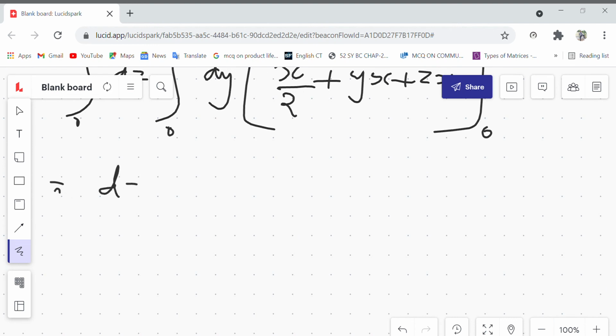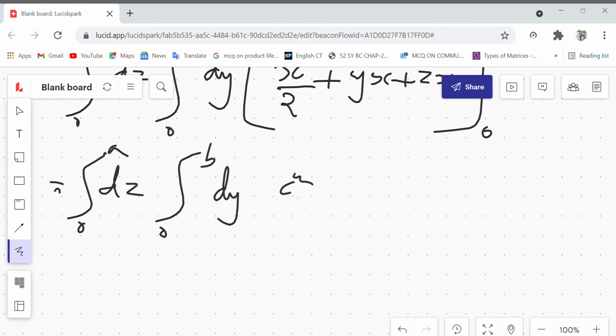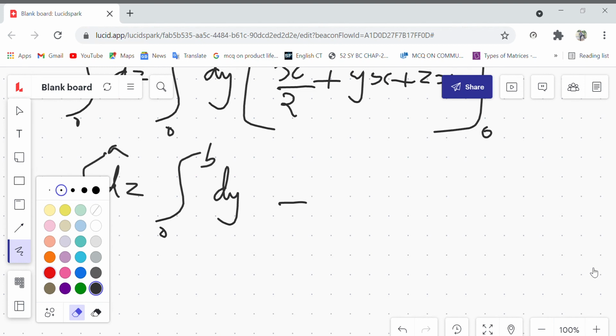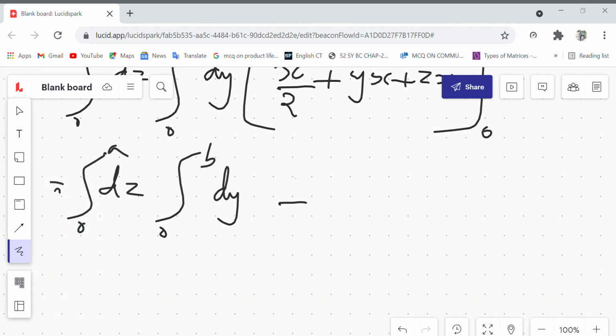Then dz, integration of 0 to a, integration of 0 to b dy. It will be c square by 2 plus cy plus cz.